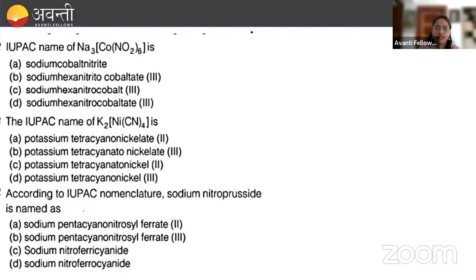IUPAC name of Na3[Co(NO2)6]. Option A, B, C, D. Sodium cobalt nitrate, sodium hexanitrocobaltate, sodium hexanitrocobalt, sodium hexanitrocobaltate.